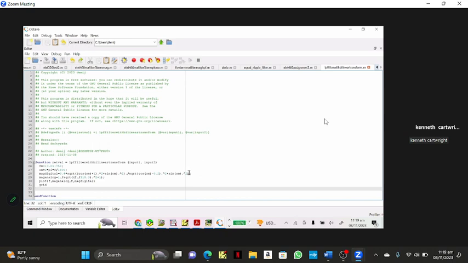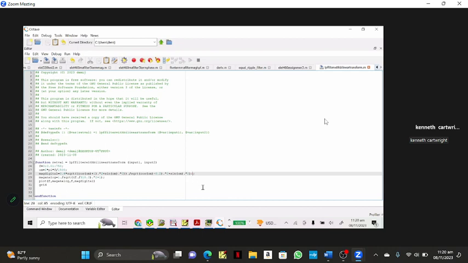Oh, I need another bracket because that's the square root. I need another bracket for the square root. Save.